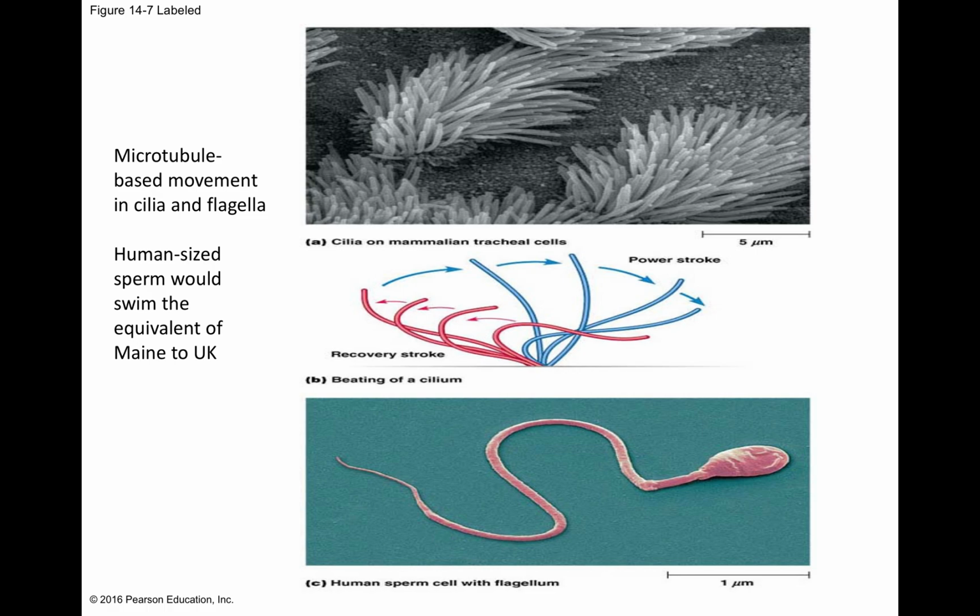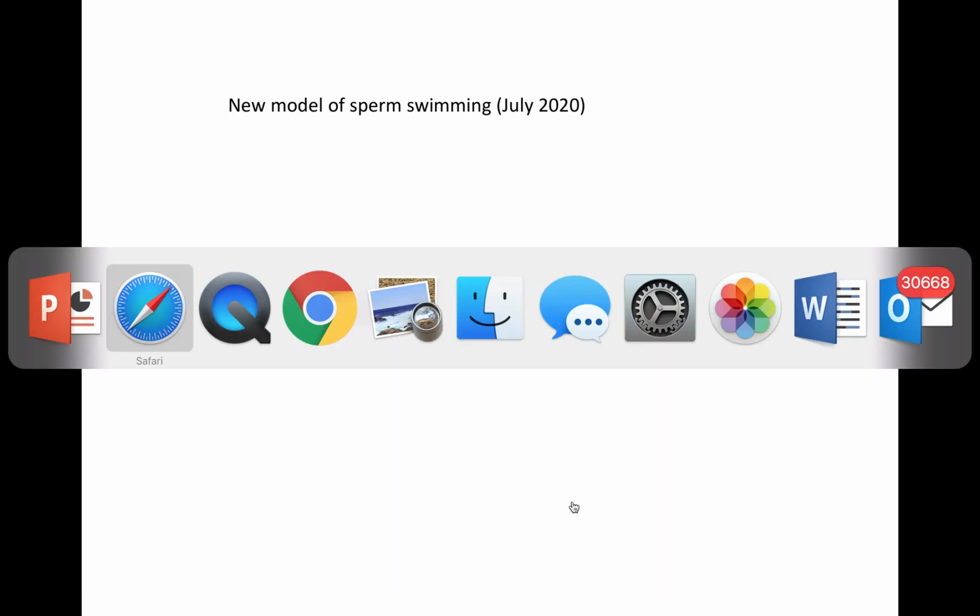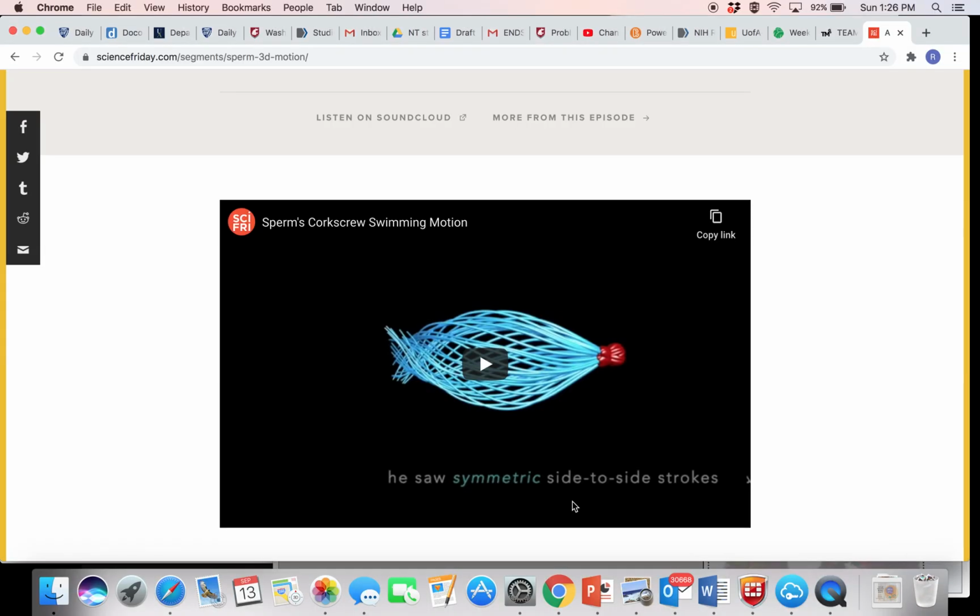Up until this summer, actually, most of the ideas of how we thought sperm moved was much like this, that the tail would snake back and forth, sort of like watching an eel swim. But some new imaging techniques showed that that's not true, that sperm actually moves more like a corkscrew through the water.